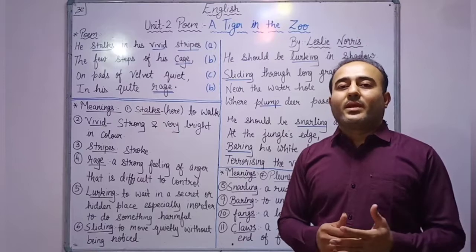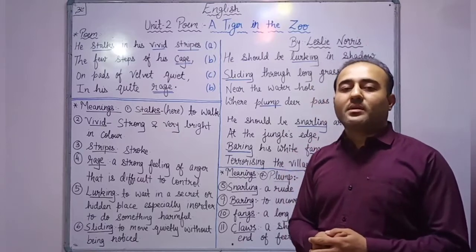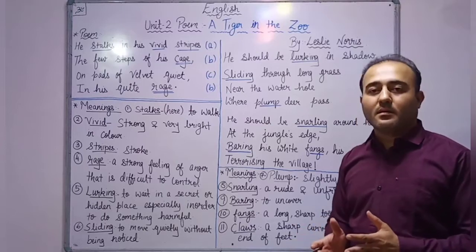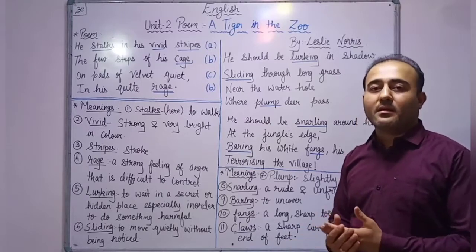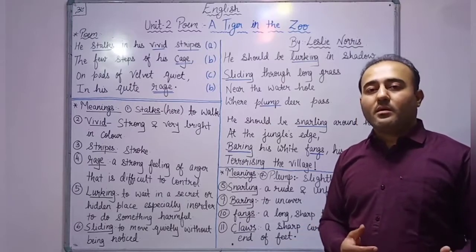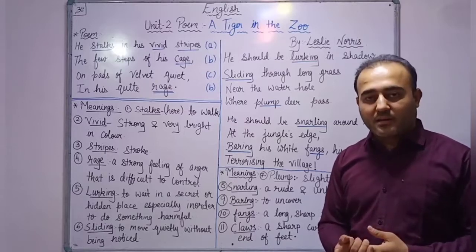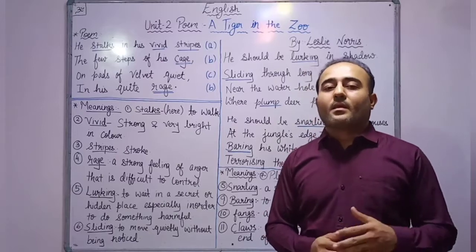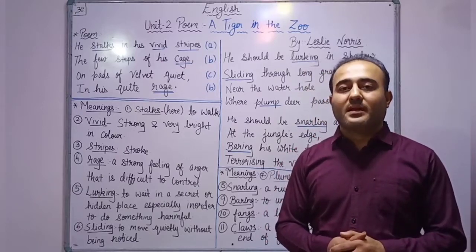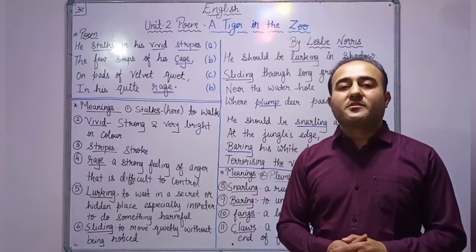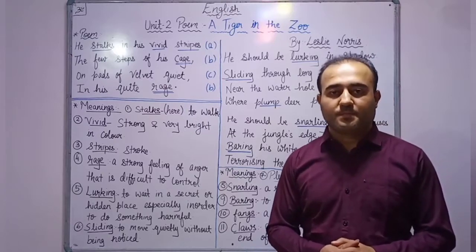When the tiger is hiding there, it waits for the fat deer to pass, so that it can attack it and have its feast, that is, it can eat the deer and satisfy its hunger.